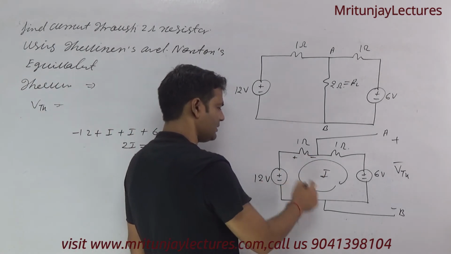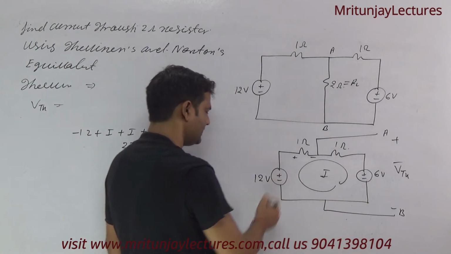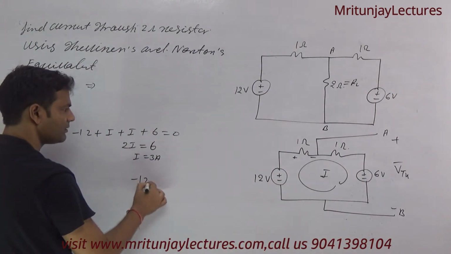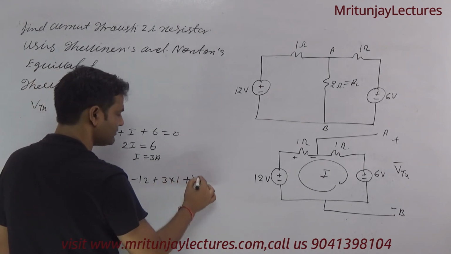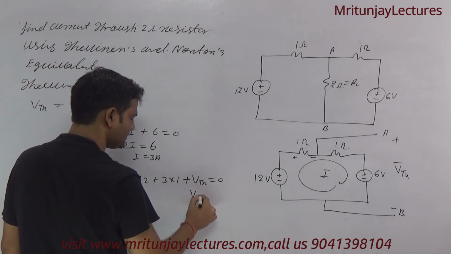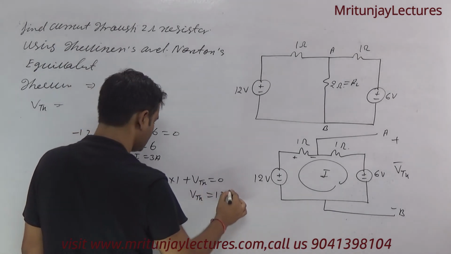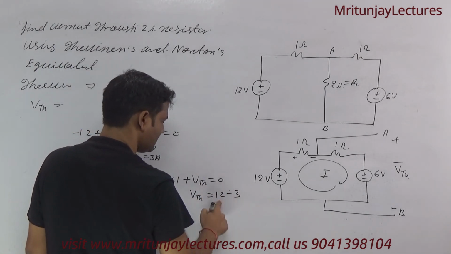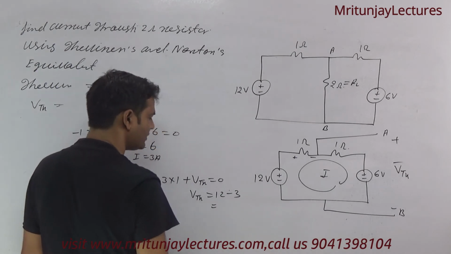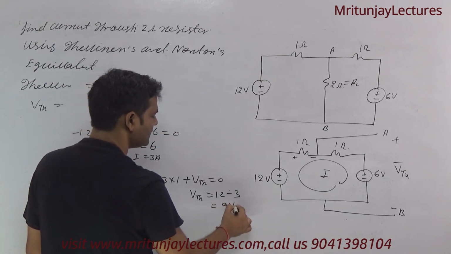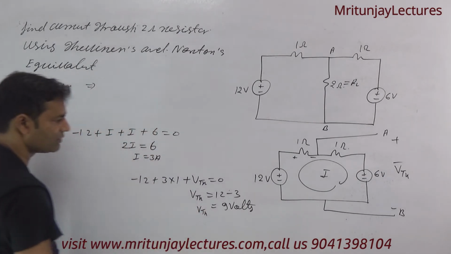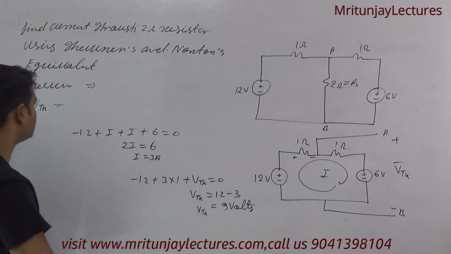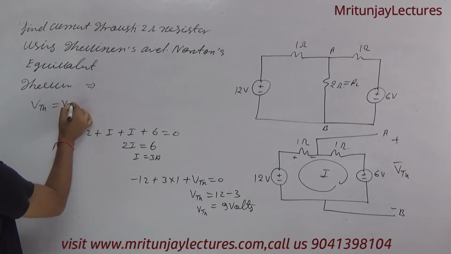So now minus 2 plus 12 plus 3 into 1 plus VTH is equal to 0. So VTH is written as 12 minus 3, that is we got 9 volt. Clear or not? VTH is 9 volt. So we got Thevenin's voltage, that is 9 volt.